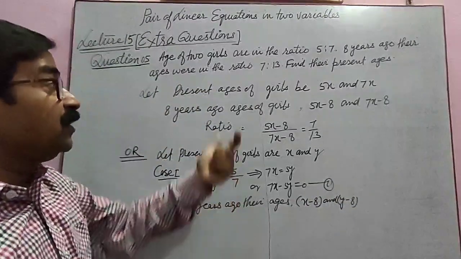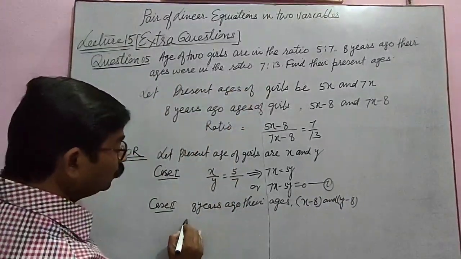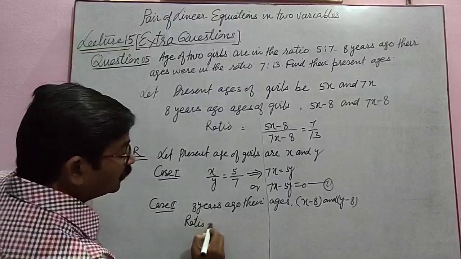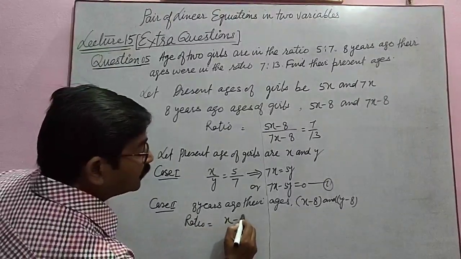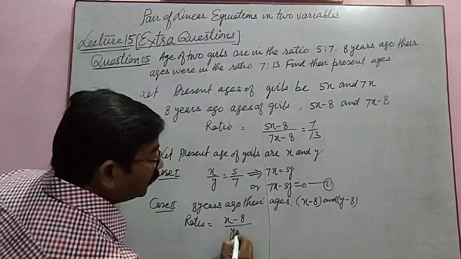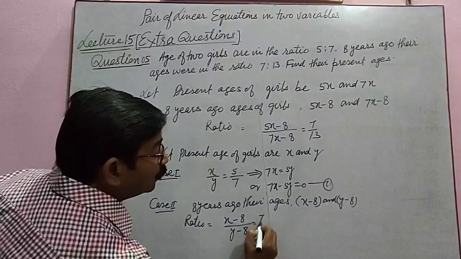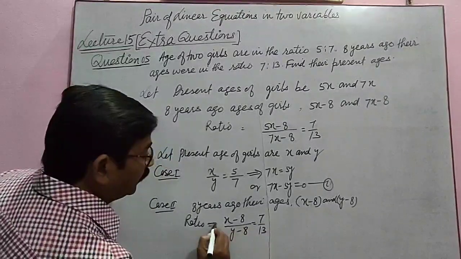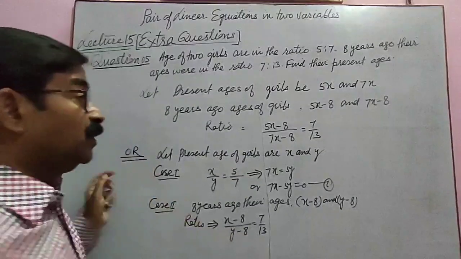Now at that moment the ratio is 7 upon 13. So the ratio is given: x minus 8 upon y minus 8 is equal to 7 upon 13. Now cross multiply.